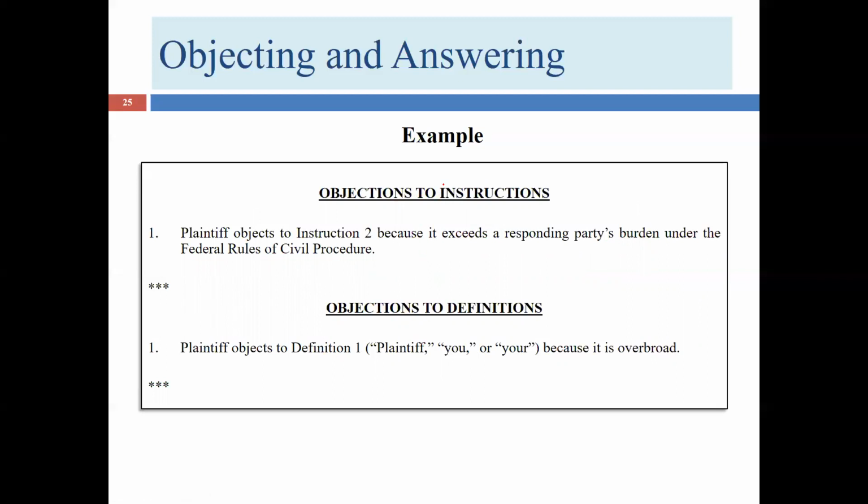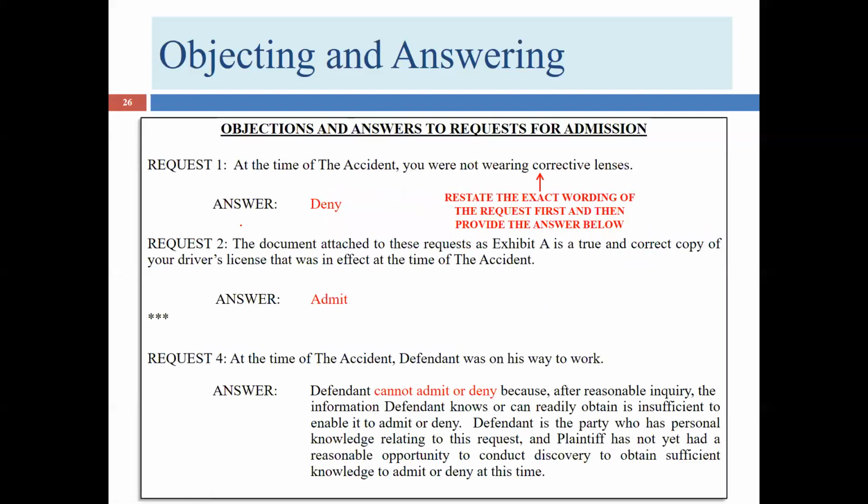Again, I don't think we actually showed instructions in our request for admissions, but you certainly could include instructions if you wanted to. And here we have our answers, and you can see the answer is just as simple as this. Obviously, you're not going to put it in bright red here, but you just deny it. Here, you're going to type up the request just as it is in the initial document. You can type it up, or you can ask somebody in the office to type it up.